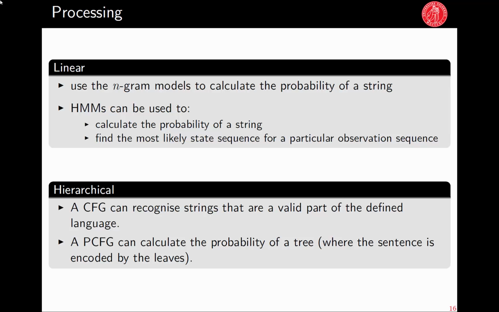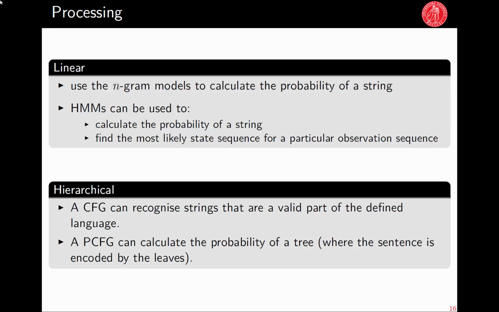That is to assign a probability to a string as the sum of probabilities for all possible state sequences emitting that string. But maybe more commonly, to find the most likely state sequence, to actually determine the most probable sequence of states, sequence of parts of speech on the hidden layer for a given observation sequence.